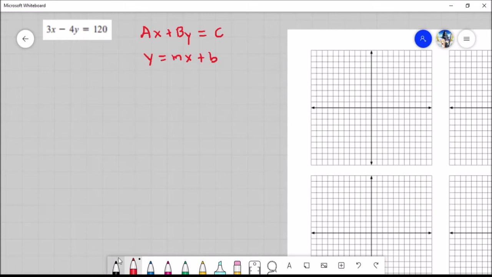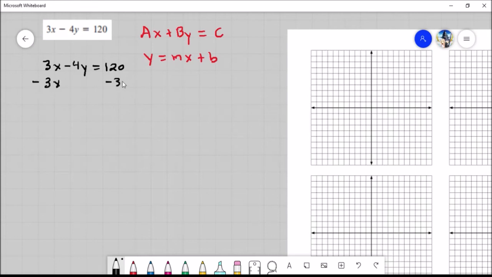So that is exactly what I'm going to do. I'm going to just rewrite it down here: 3x minus 4y equals 120. And I'm going to solve for the variable y. So the first thing I will need to do is to get rid of the term 3x, moving it over to the right side of the equation.